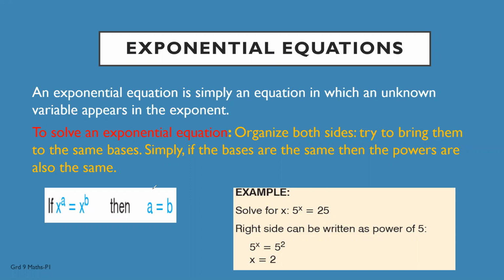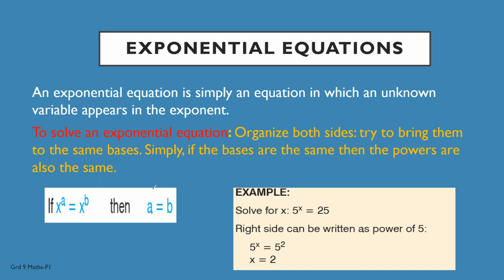So the first thing we need to do when we are doing exponential equations is to make the bases the same. Then the rest of the question will be very easy, because once we get the same base, we look at the exponents and then we make the equation in the exponent.